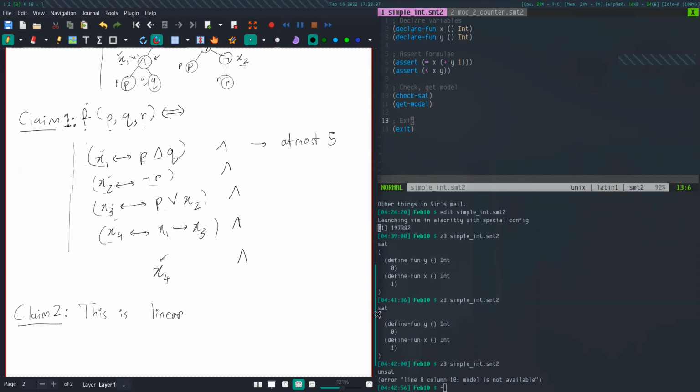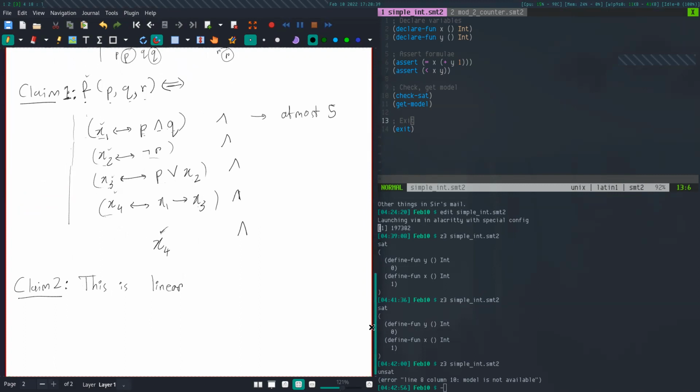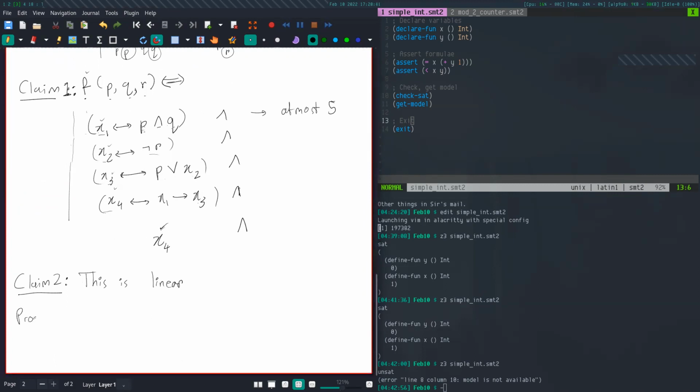Could you repeat your claim? Yeah, let me just write it. Let's call these added formulas. Each added formula has some bounded size, at most 5, right?